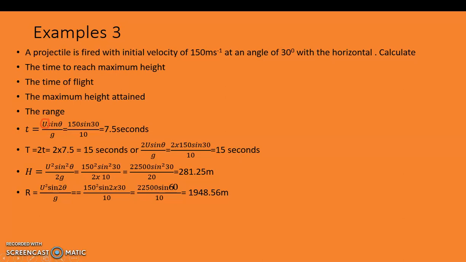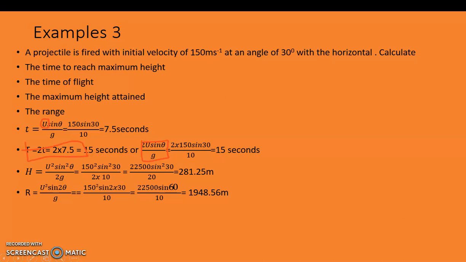But you and I know that many times we take g as 9.81. But to get a round value, you can approximate to 10. The total time of flight will be 2 times the time to reach maximum height. So you can do it like this, or like this, and you'll get the same result. The final answer to that question is 15 seconds.